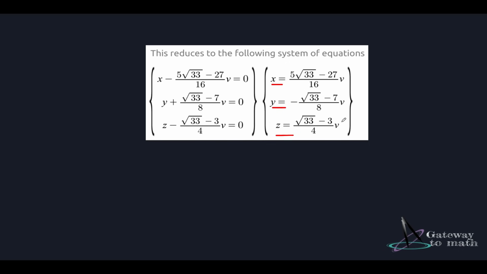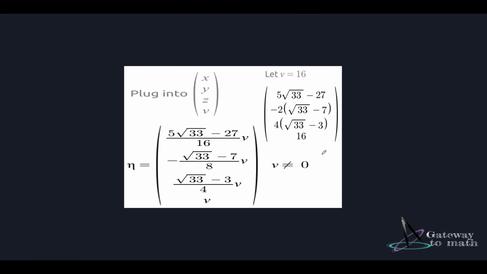We need to substitute a value of v such that this cancels out completely, and we can see at this point that v can be equated with 16, because 16 is divisible by 4, 16 is divisible by 8, and 16 is divisible by itself. So let's plug that value 16 here. So the values for x, y, z, v: v is 16.